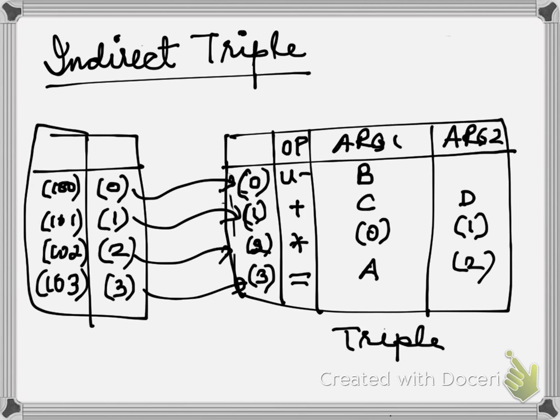Also in quadruples, when we want to do some optimization, sometimes we might want to interchange instructions. So certain optimization requires that instructions are interchanged. That means instead of doing 2 first, we will do 3 first. Let's say for example, I have 4 instructions, 0, 1, 2, 3.